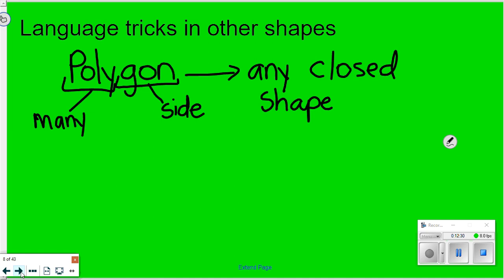They could be straight. They could be curved. The only rule is that it has to be closed. So pretty much any shape that you see can also be called a polygon. A circle is a polygon. It's closed. It has nothing to do with straight sides. It just has to be closed.